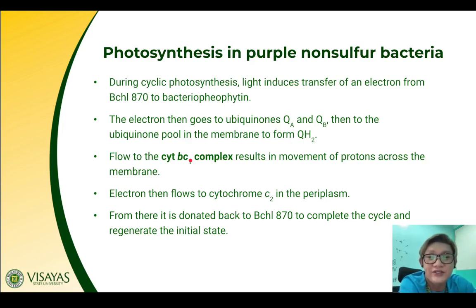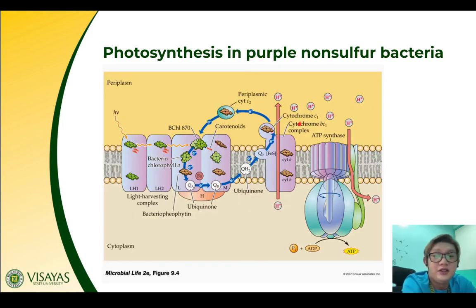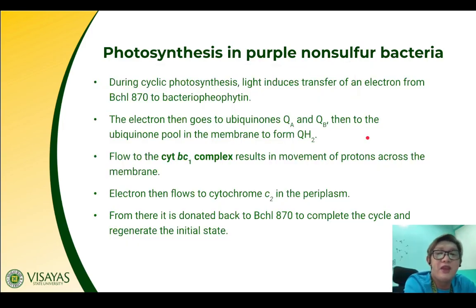Light induces transfer of an electron from bacteriochlorophyll 870 to bacteriopheophytin. Then the electron goes to ubiquinones, the one that we are showing here, the ubiquinones QA and QB, then to the ubiquinone pool in the membrane to form QH2. The flow to the cytochrome bc1 complex results in the movement of protons across the membrane.